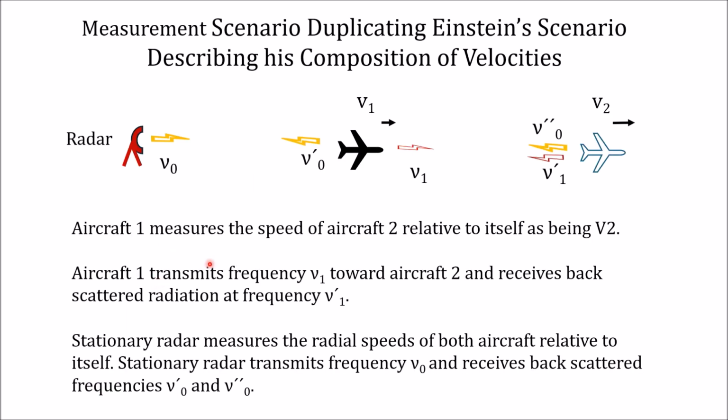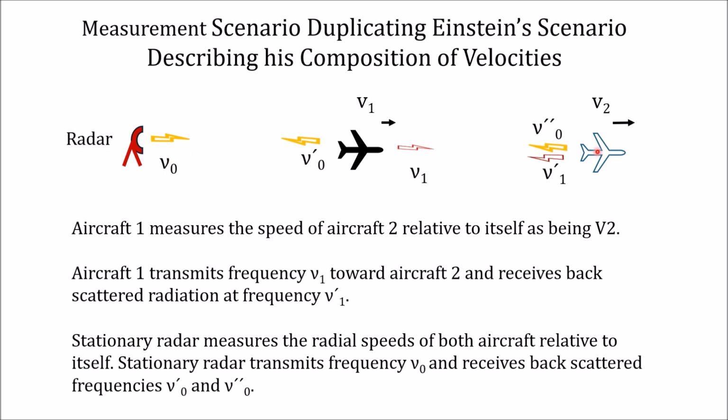So here's the scenario: you have a stationary radar, what Einstein called a stationary frame. Here you have a moving frame on this aircraft. It's now moving at speed v1 relative to the radar. And here you have an object moving at speed v2 relative to this airplane, not relative to the stationary radar, but relative to this airplane.